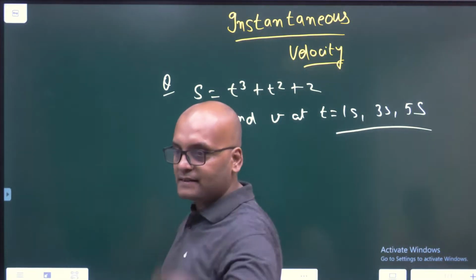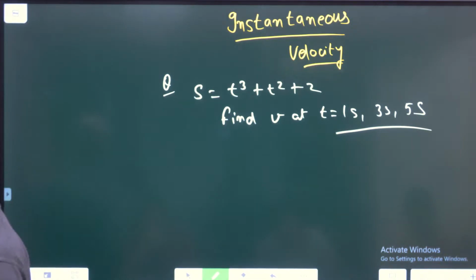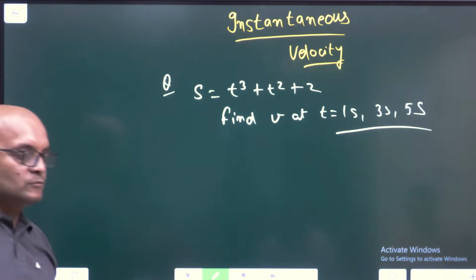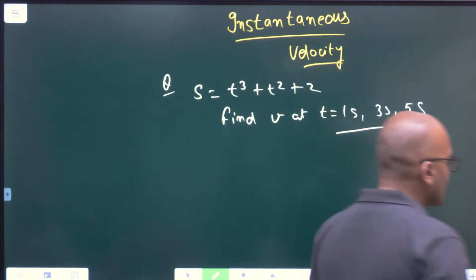S is displacement. Yes, what is the answer?